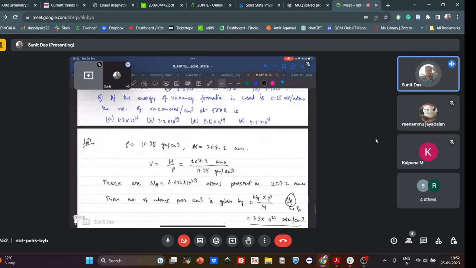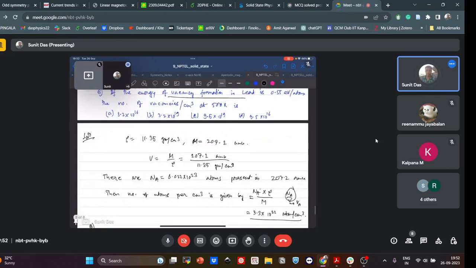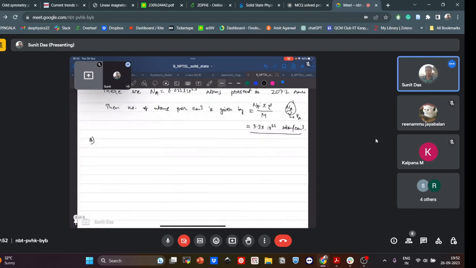Now the energy of vacancy formation in lead is 0.55 eV per atom, right?